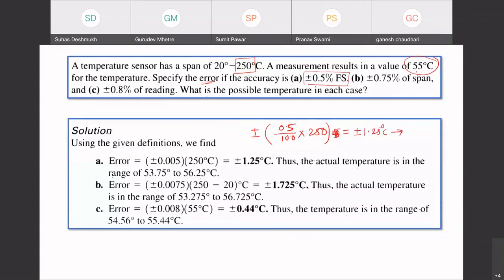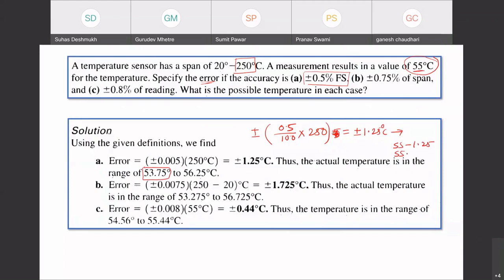Means if I am measuring this temperature as 55 degrees by my sensor, my minimum reading will be 53.75, that is 55 minus 1.25, and the maximum may be 55 plus 1.25.